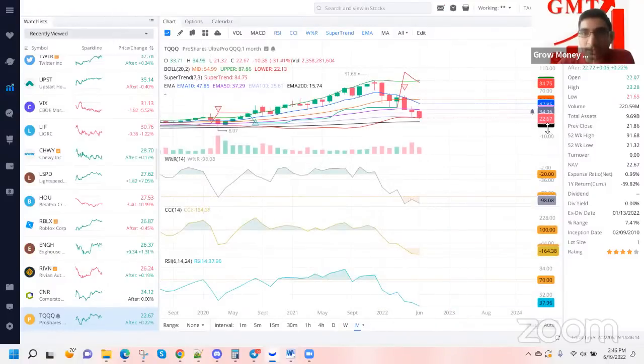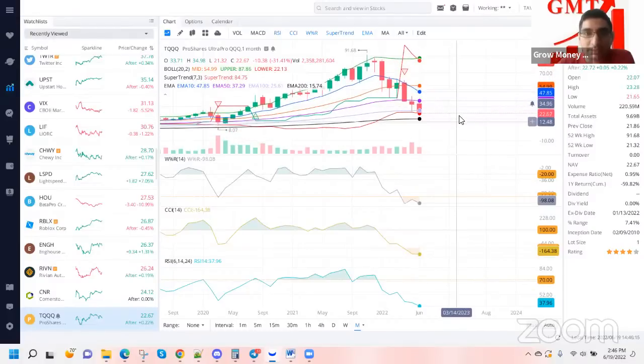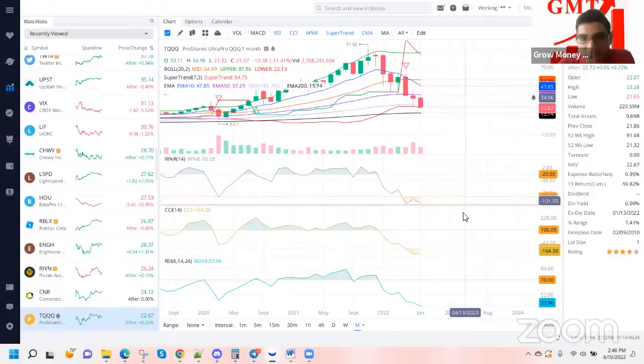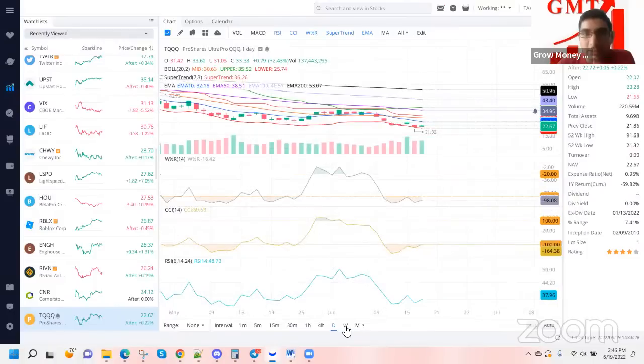On the monthly chart, we have discussed this earlier as well. The 200 EMA is close to $16, which is still possible if the reversal this week and potentially extension in the next week is not happening, then the downtrend could still continue.